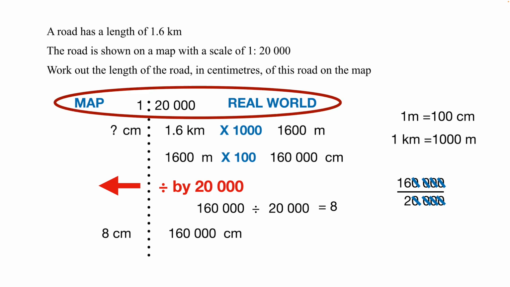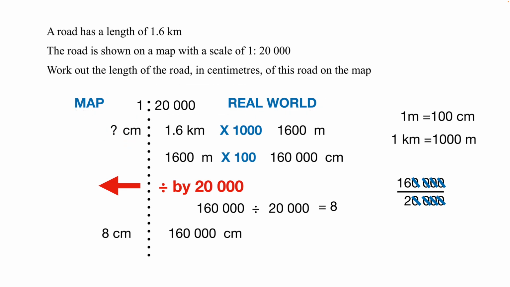That's a nasty question. But this is the key. Remembering there are 2 different universes. One is in the map and one is the real world. And everything in the map is 1/20,000th as big as in the real world. And everything in the real world is 20,000 times bigger than everything in the map.